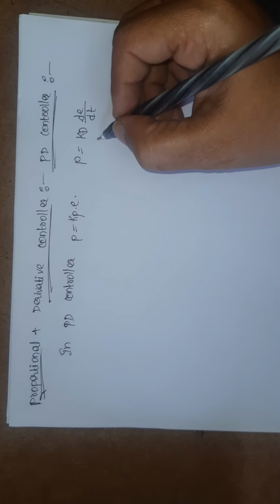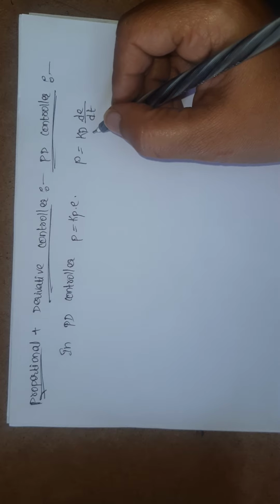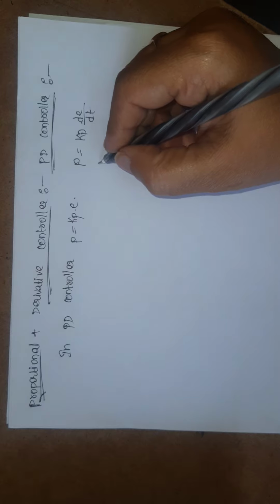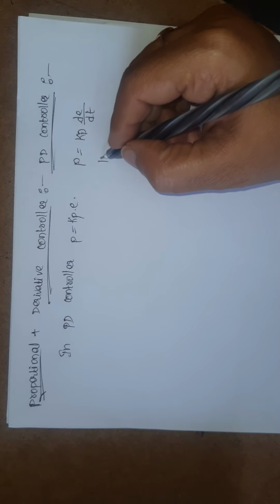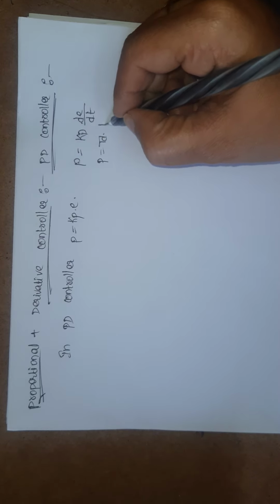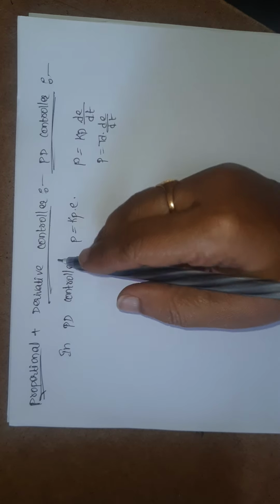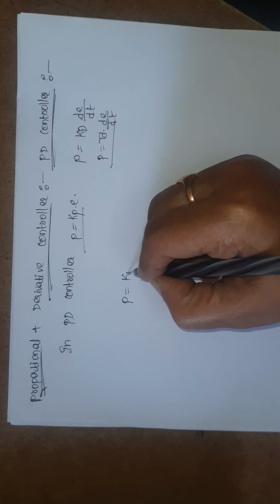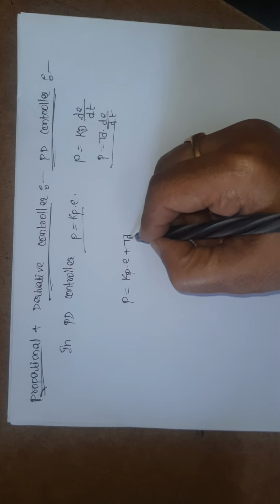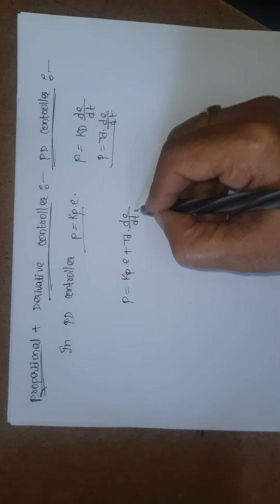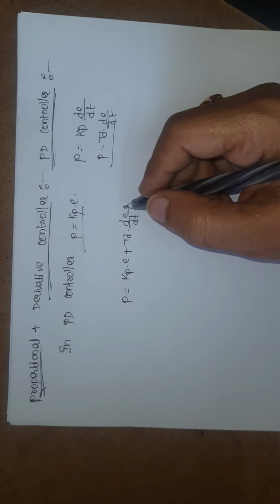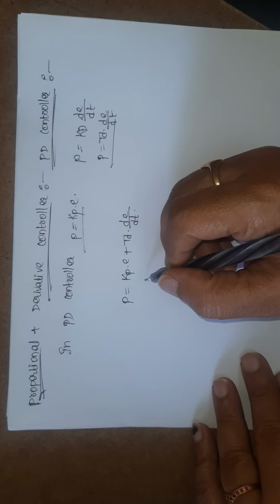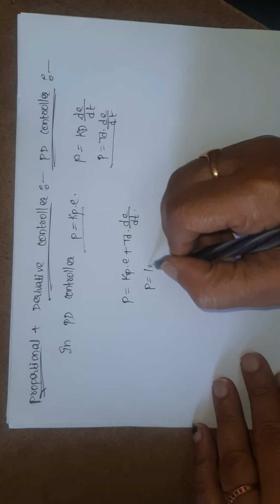Actually we won't consider it in terms of the constant Kd, we'll consider it in terms of time, that is Td. So that is Td into dE by dt. So for the P plus D, proportional plus derivative controller, the output is equal to Kp into E plus Td into dE by dt. Okay.